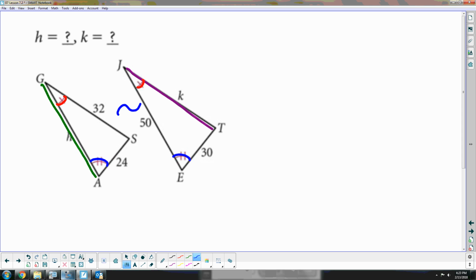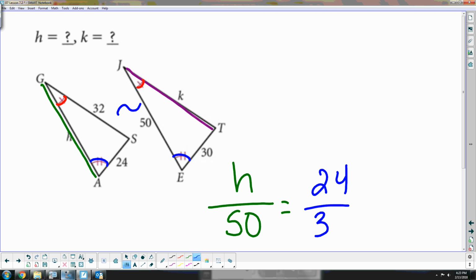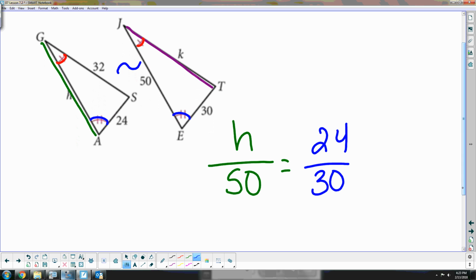Okay, so GAH to JE has to be equivalent to the proportion of AS to ET, which is 24 to 30. So in this problem, we're going to cross multiply.